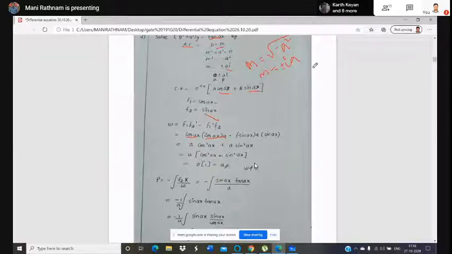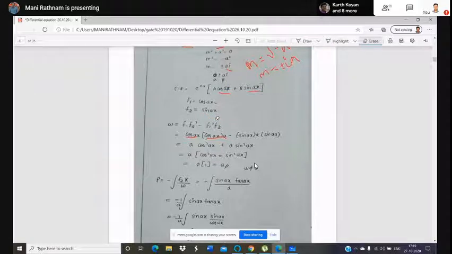F2 is sin ax. Now a cos square ax plus a sin square ax, take a outside commonly.